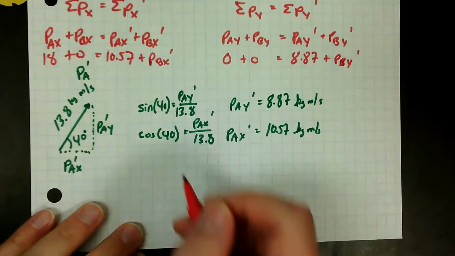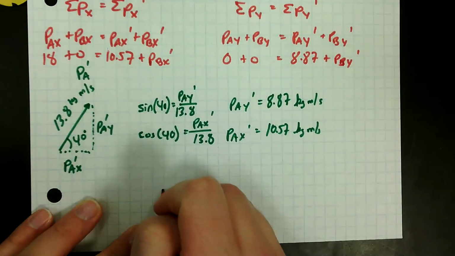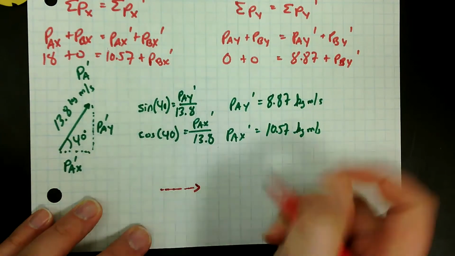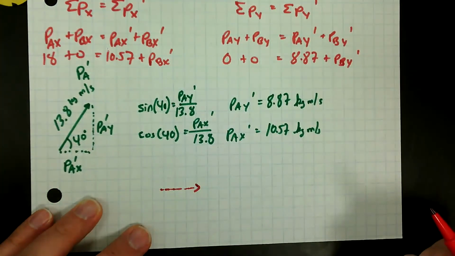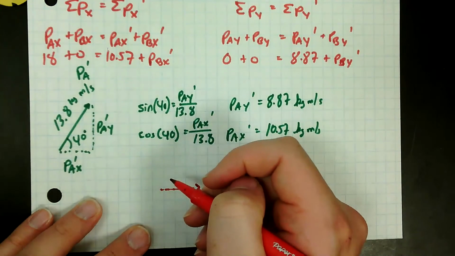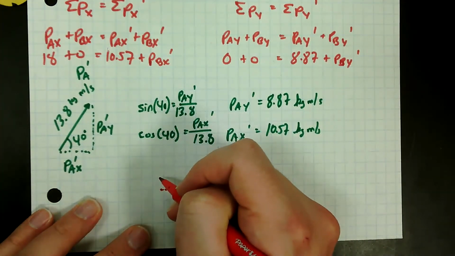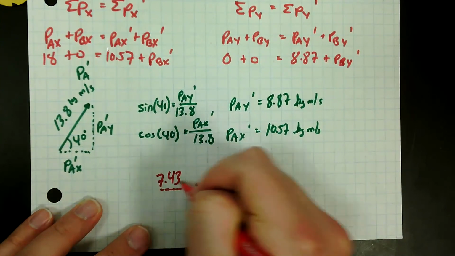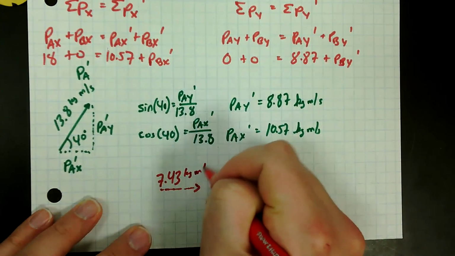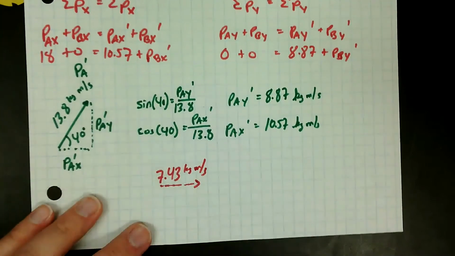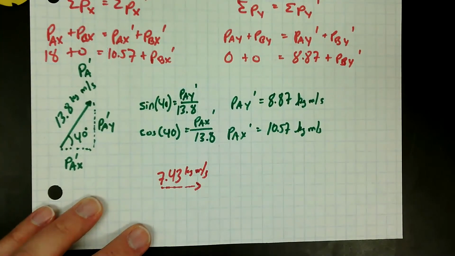So I think what you're going to get is a PBX prime that's something like 17.43. No, 7.43, right? If I subtract this over, I get 7.43.